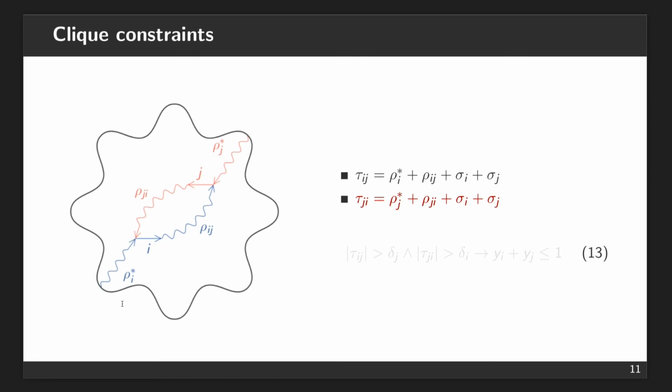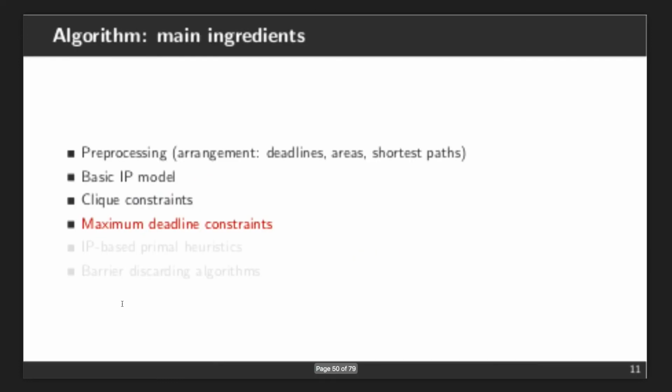And of course, if these two values are larger than the deadlines of the two barriers, they cannot be constructed both in a feasible solution. So you must have something like that. You cannot construct both barriers in a feasible solution.